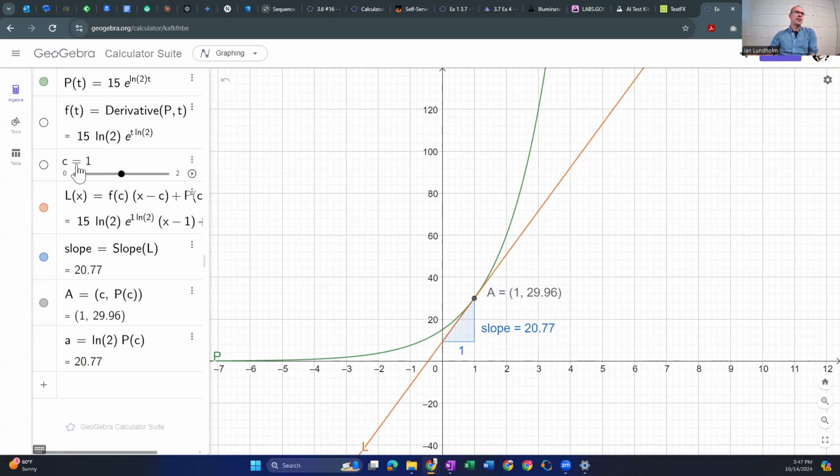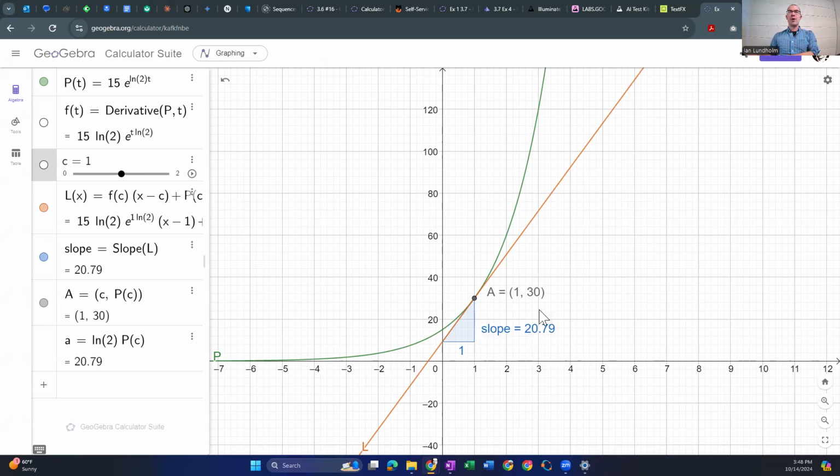At any given point, let's say we're stopping at hour number 1, the slope of this line is 20.77, whereas the population is about 30. So I guess maybe I didn't. There we go. That's better. Here we're exactly on 1, and that gives us an output of 30, but the slope is only 20.79.